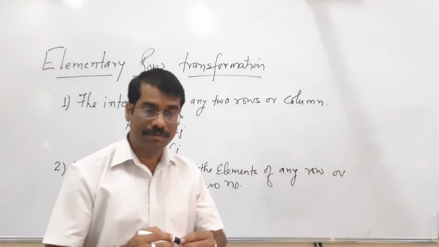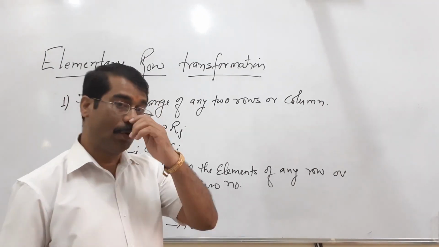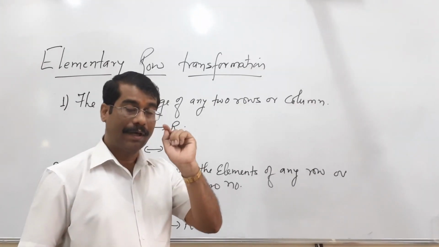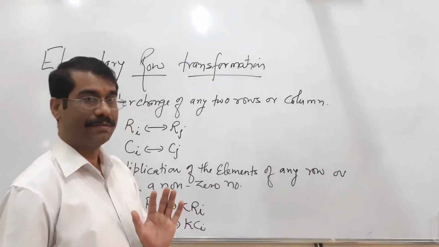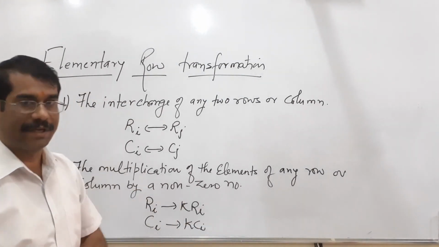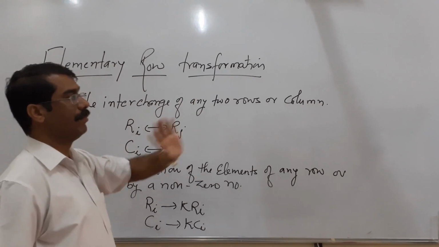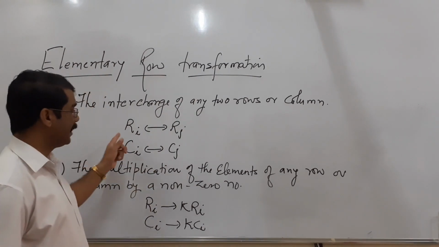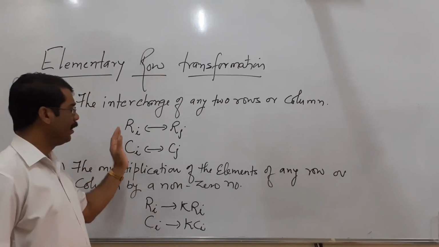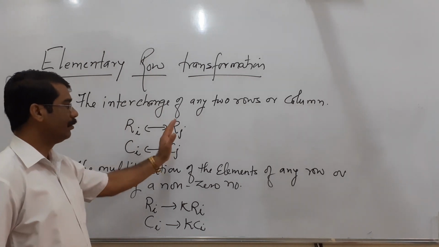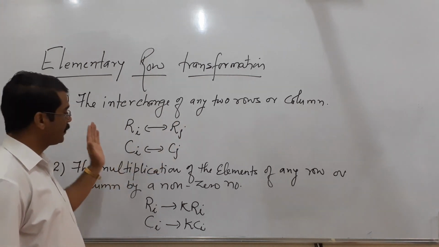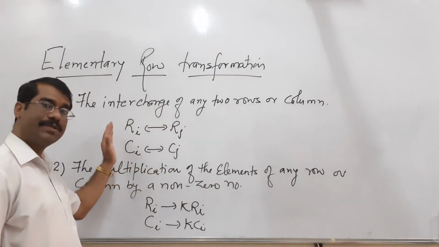So guys, till now I have explained two elementary operations on matrices, either on rows or columns; simultaneously we can go, there is no problem. First is the interchange of any two rows or columns of a matrix, that is R1 to R2 or R2 to R1, similarly C1 to C2 or C2 to C1.